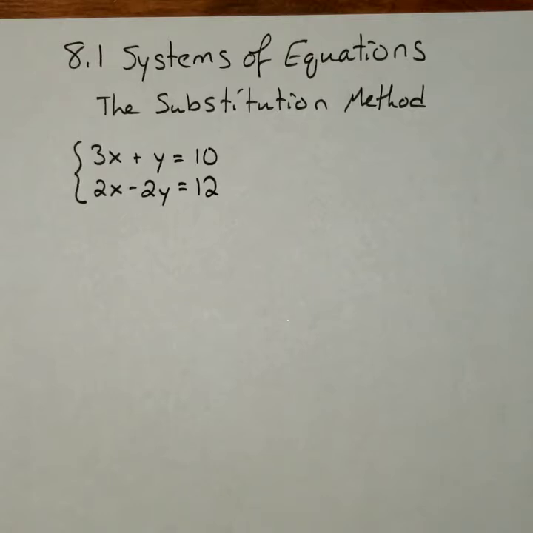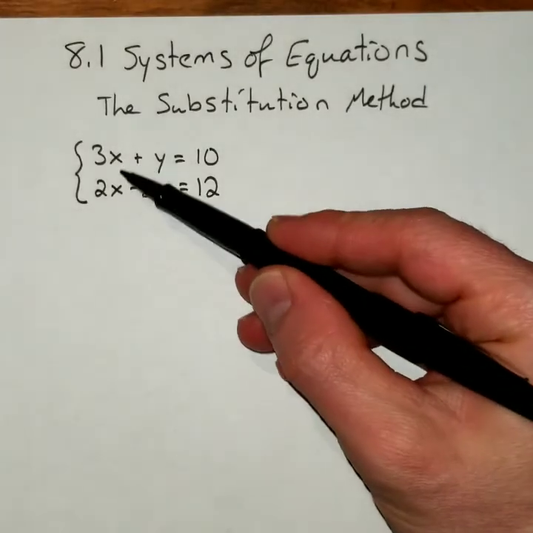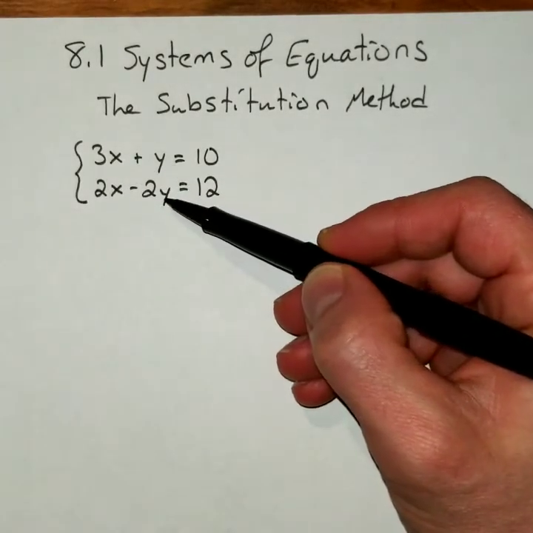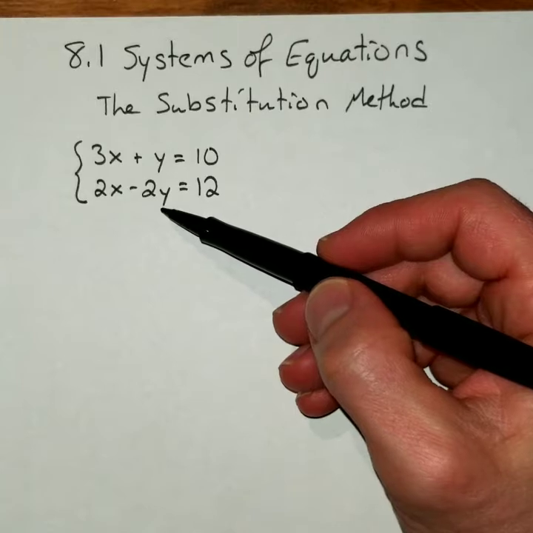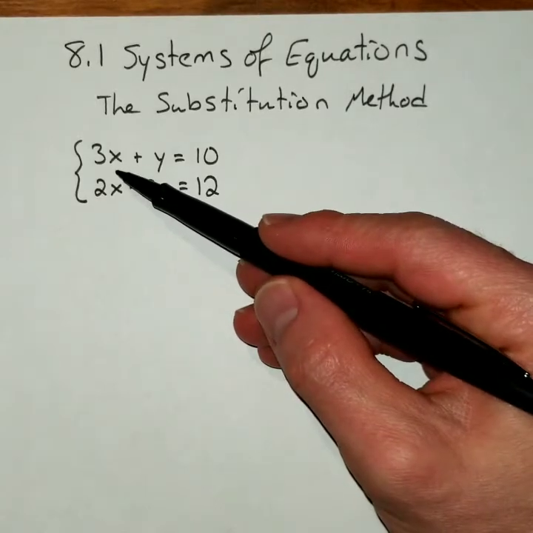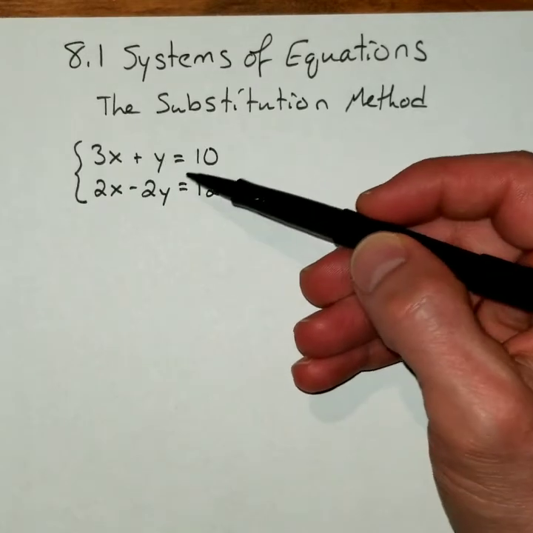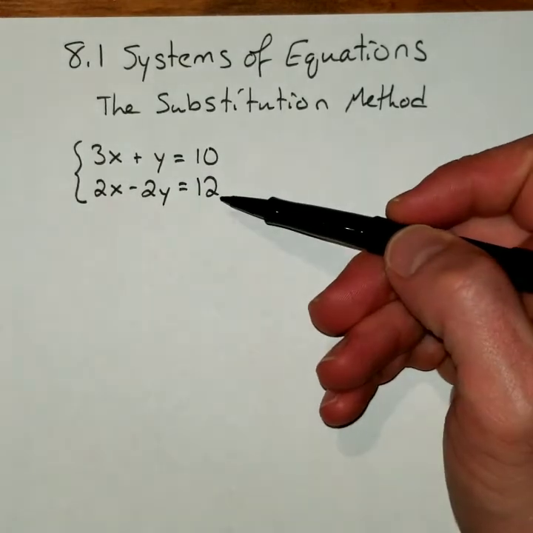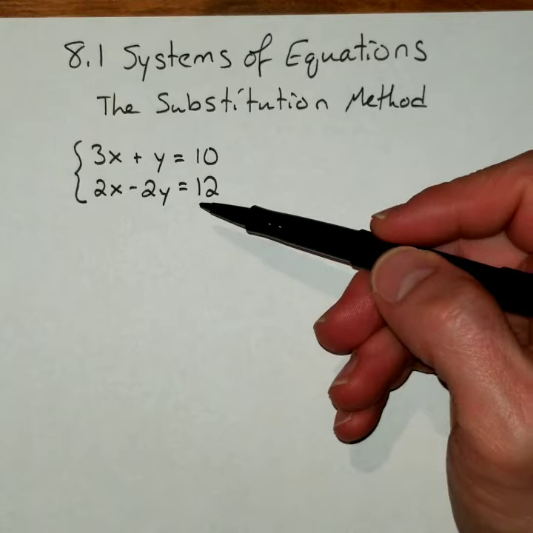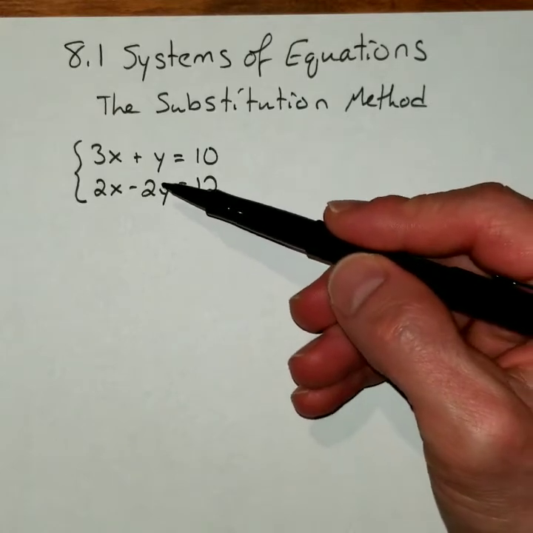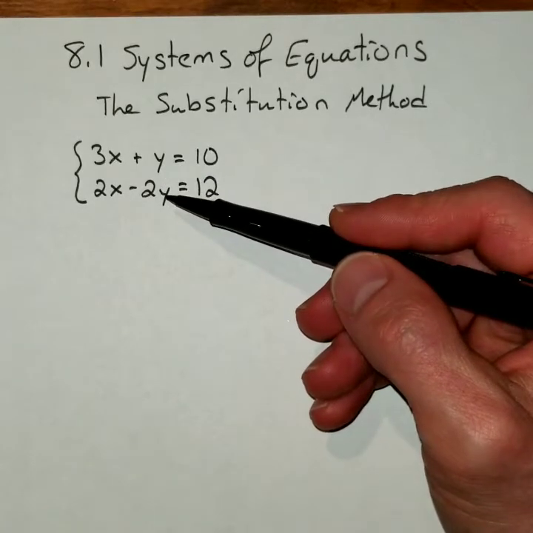at the intersection point, the x values and the y values are the same between the two equations. So at the intersection point, you have the same x value and you have the same y value solving each equation. And if they're the same, then you could substitute one for the other.